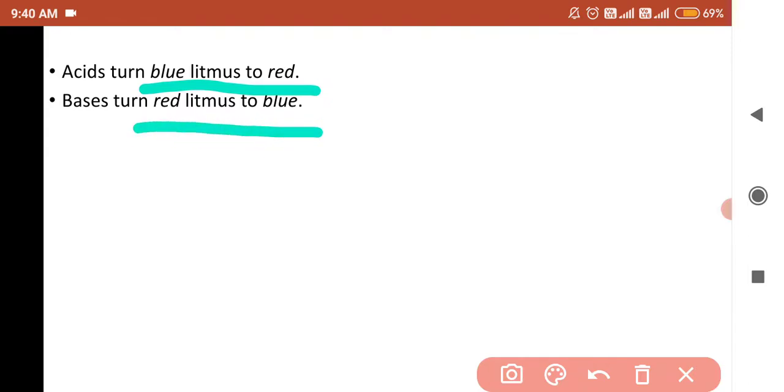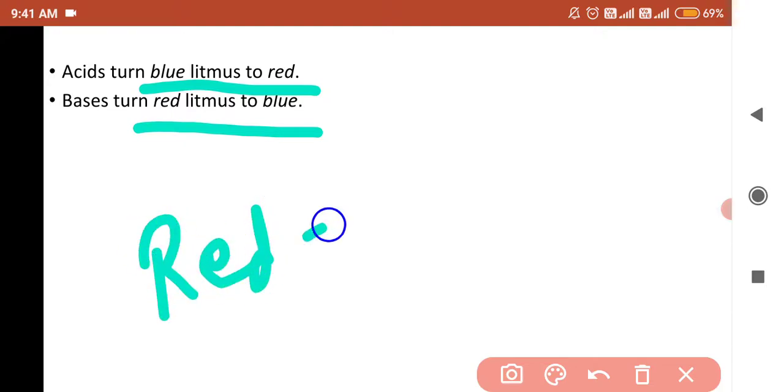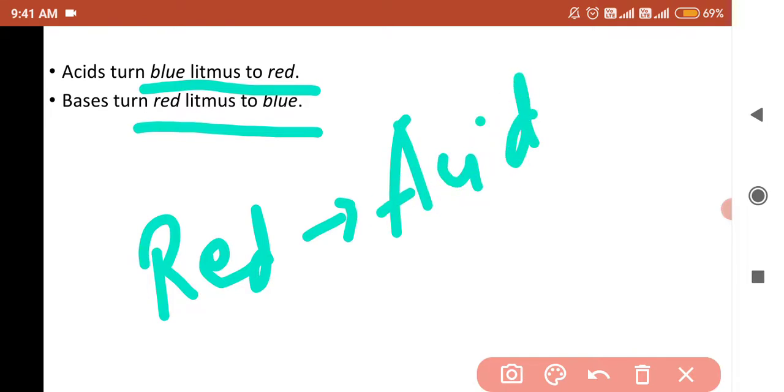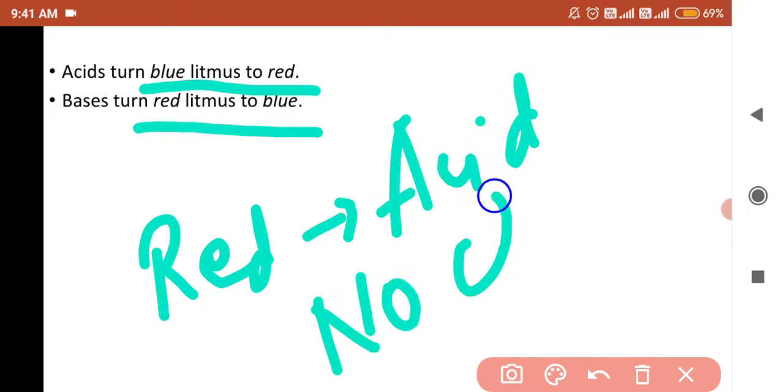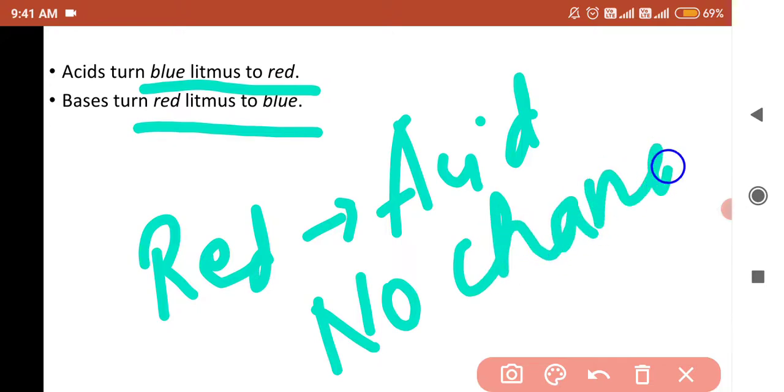There will be no change in color of red litmus when it is added to acidic solution, no effect on red litmus paper.